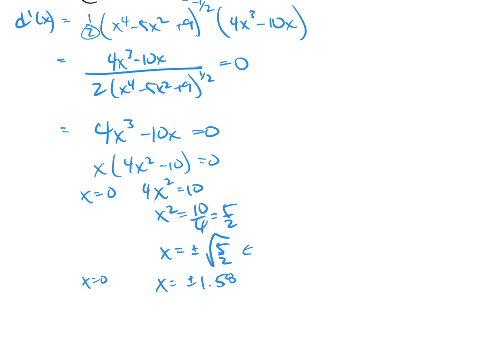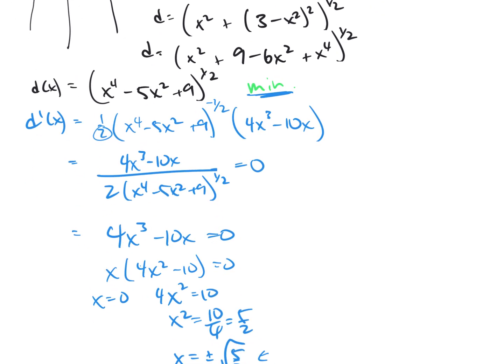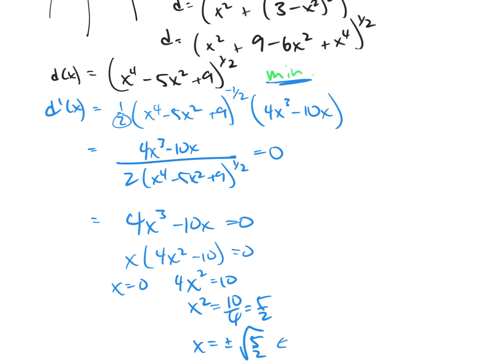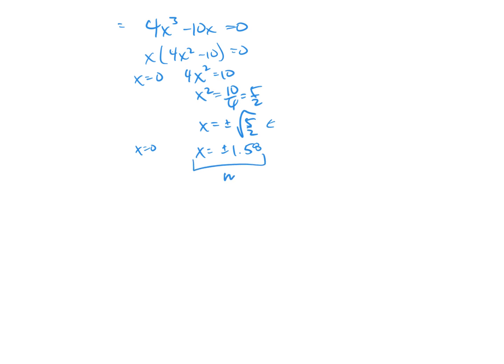Well, if I think about this diagram here, I can just see by the diagram that this here, the pair of points, is a minimum, and that one there, x equal to 0, is a maximum. If I were to graph this derivative, I would see that it is indeed the case that this is a minimum and this is a maximum.